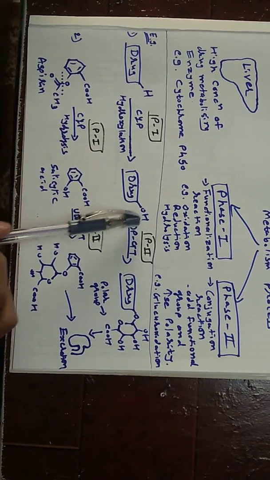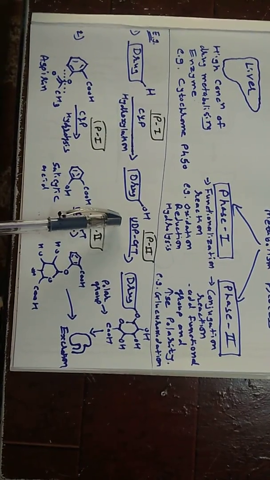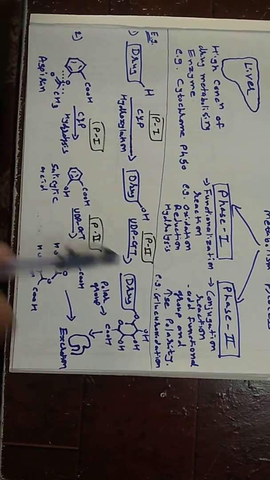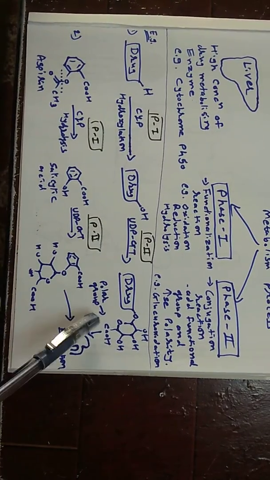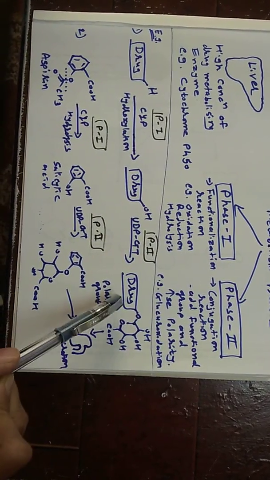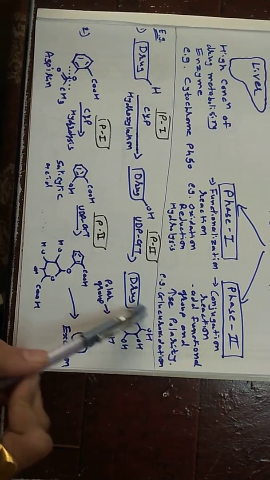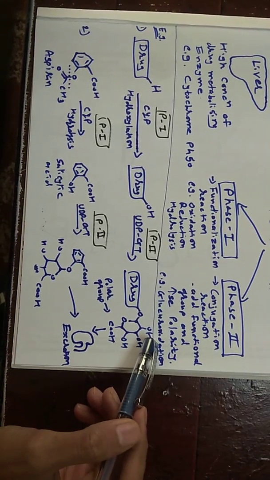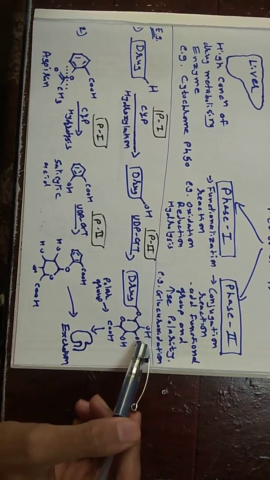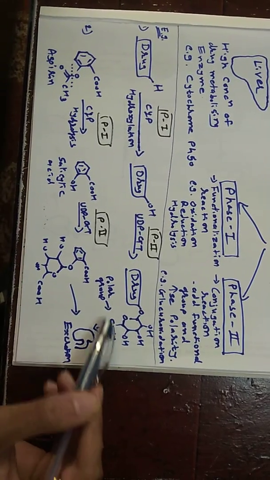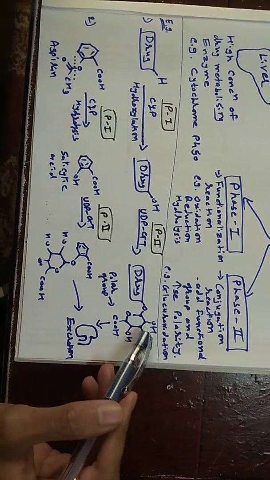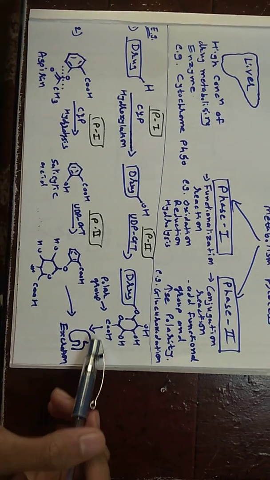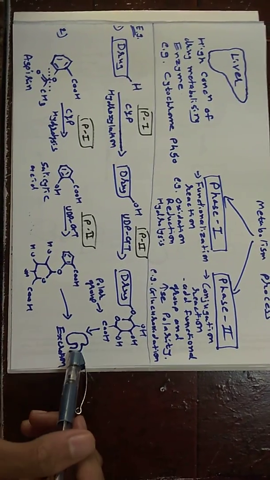Then in the phase 2 reaction, it is by UDP glucuronosyltransferase, and the drug will become polar now, because there are 3 hydroxyl groups and 1 carboxylic acid group which is polar. So the drug becomes polar, and it will be easy to excrete.